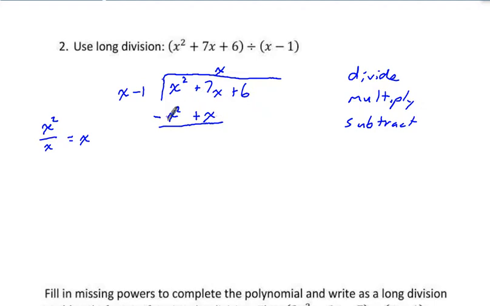Basically, every time we subtract, the signs are going to change because we're distributing a -1. Now, x squared minus x squared is 0x squared. Perfect. We want that to go away. 7x plus x is 8x. So we divide, multiply, have now subtracted. It's time to bring down the next term, as opposed to the next digit in our last example.